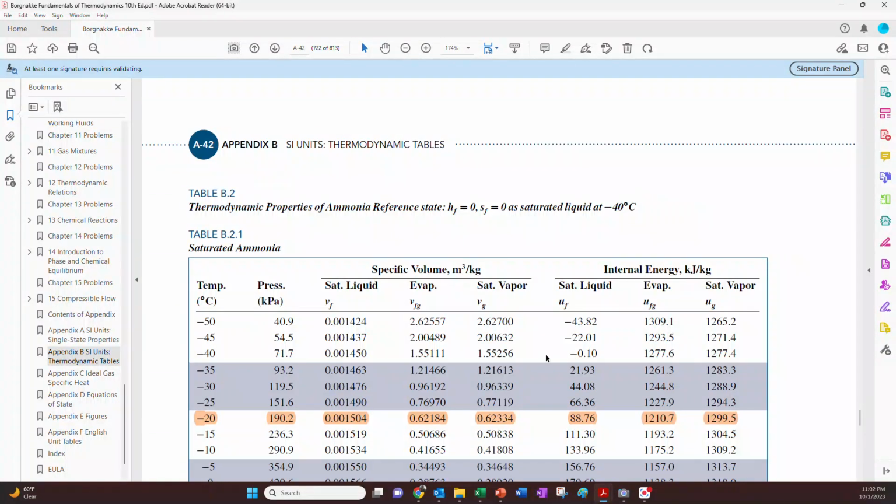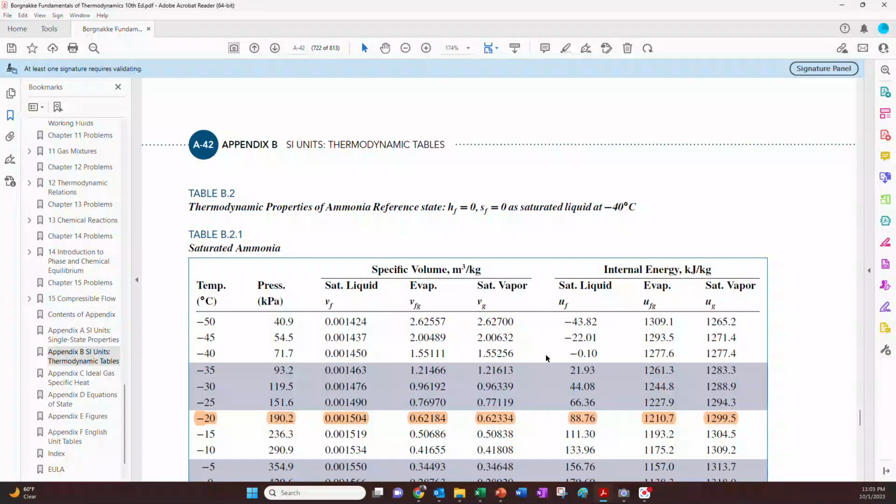So let's write in the table there. At T equals negative 20 degrees Celsius, we might need the pressure, so let's get that: 190.2 kPa. We need the vf. It's going to be 0.001504 cubic meters per kilogram. The vfg is 0.62184 cubic meters per kilogram.